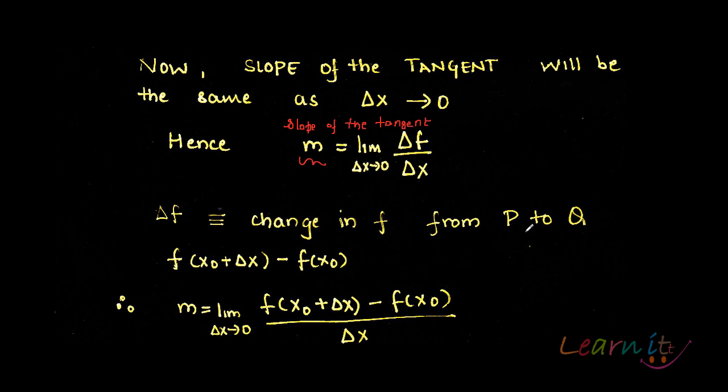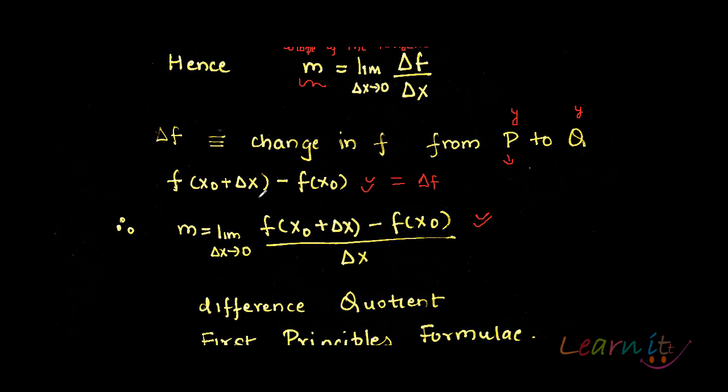What is the change? The difference between the y value here and the y value here. So that will be, as given here, f(x naught plus change in x) minus f(x naught). That will be the complete change in f, right? So M, the slope of the tangent, is the limit as change in x goes to 0.